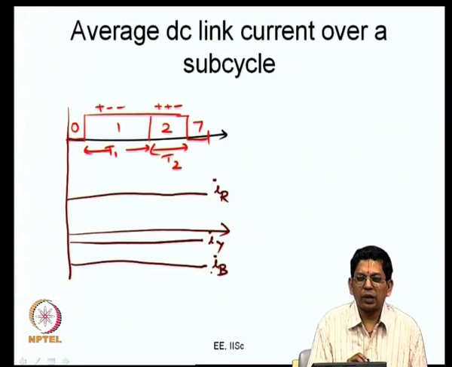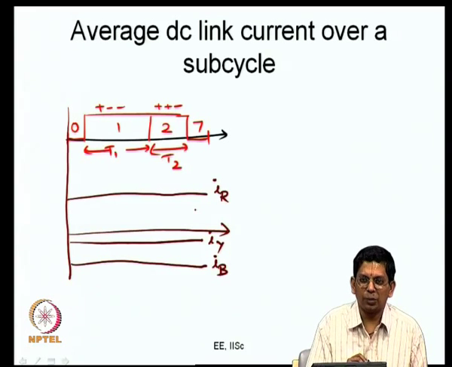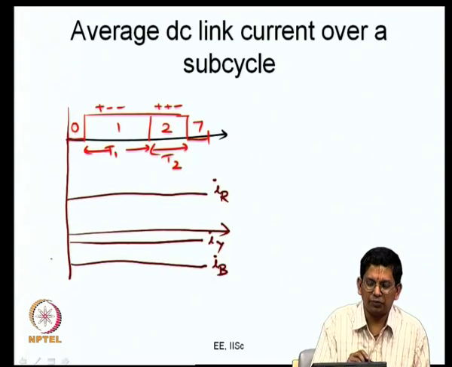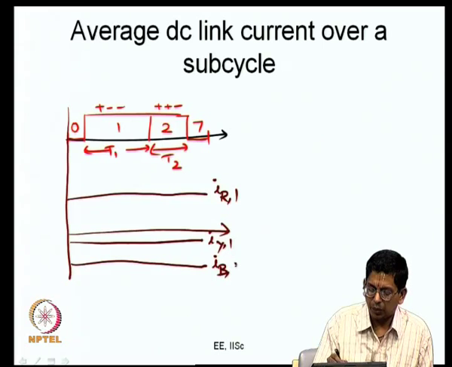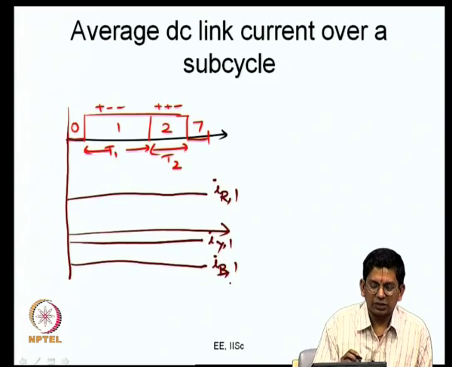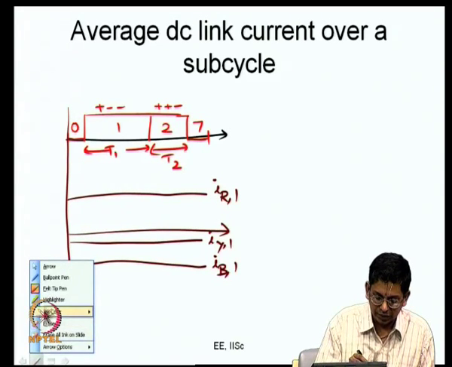You can consider them to be constants over the subcycle, and you can ignore the ripple, because for all these purposes, if you consider the ripple much smaller than the fundamental, you can take these as the fundamental components IR1, IY1 and IB1. These are the values of currents. So, what do you have? You are looking at what is the DC link current at every particular instant.